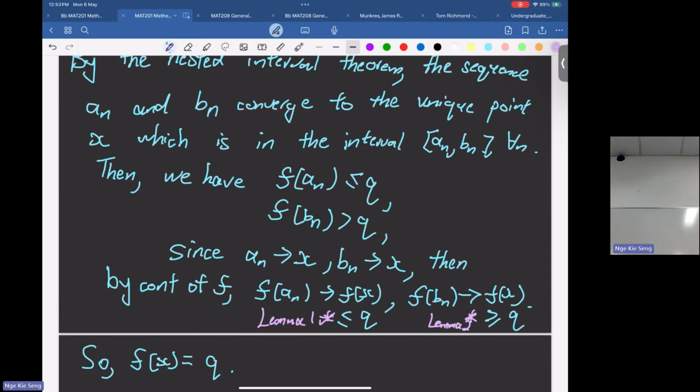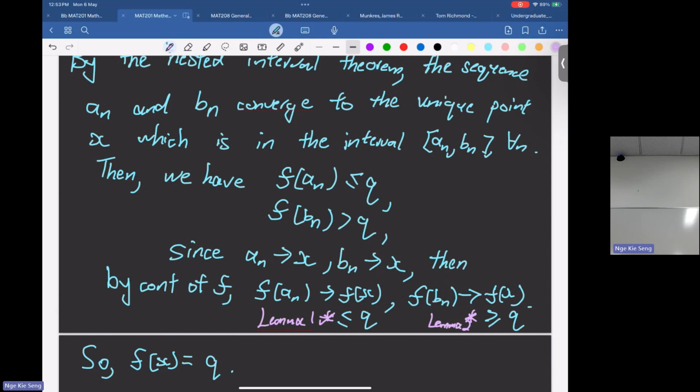Why? When every term is less than or equal to q, if it converges, it must converge to something less than or equal to q. If every term is greater than q, it must converge to something greater or equal to q. Make sense?